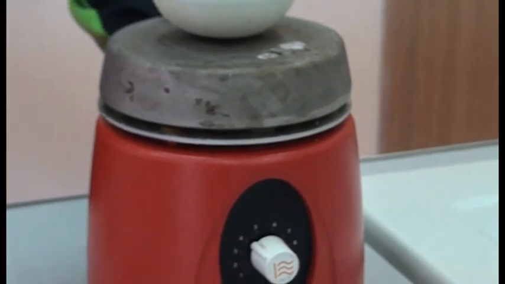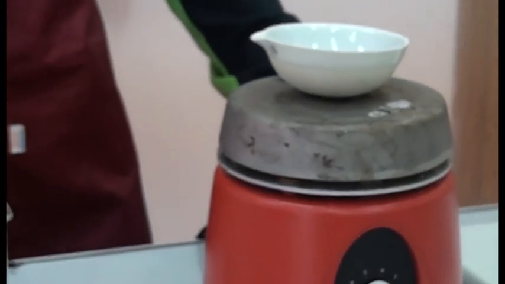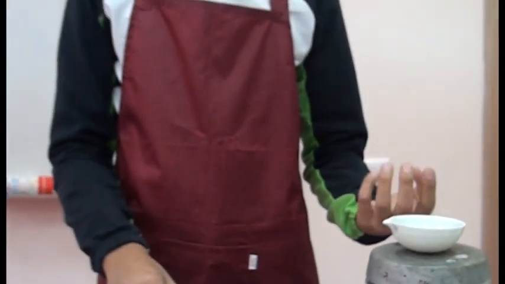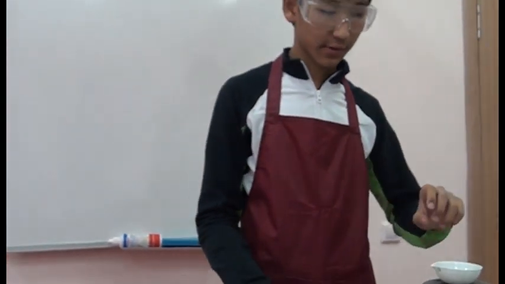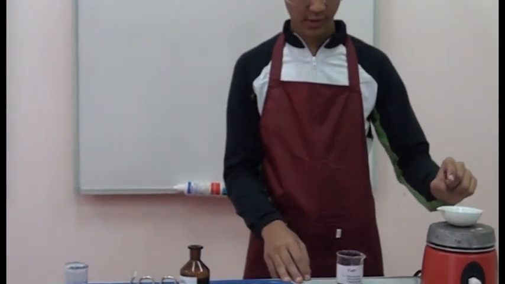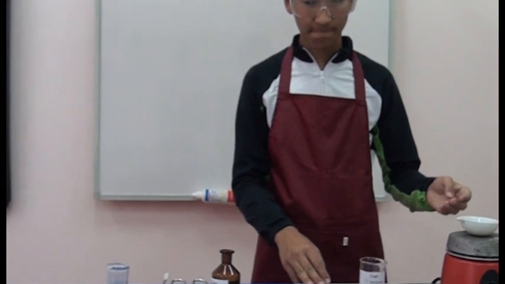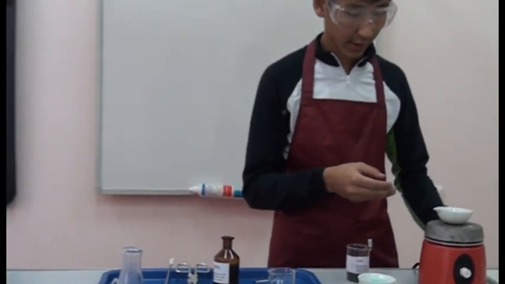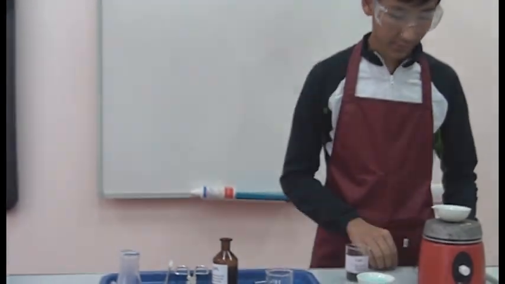Turning on. When we heat it, the water will evaporate. But we must evaporate just some quantity of water and leave some of it. Yes, and so we will have blue crystals.